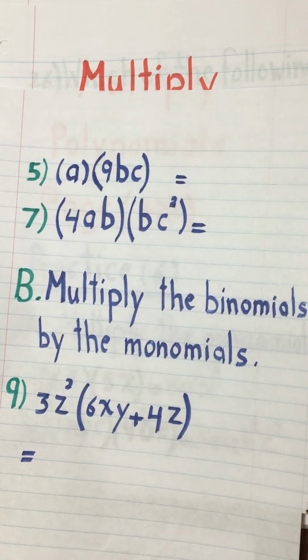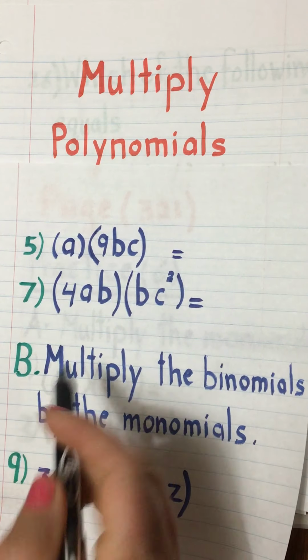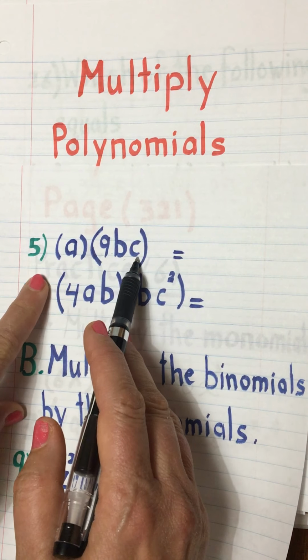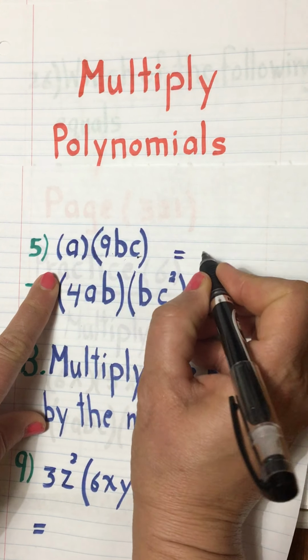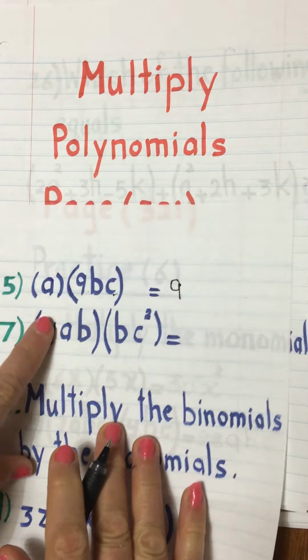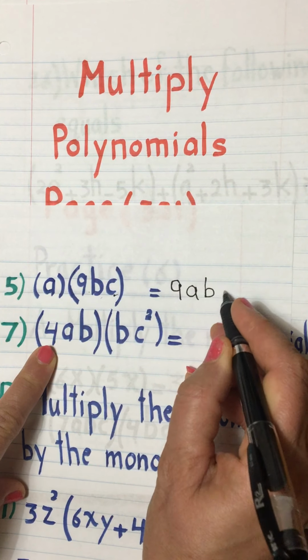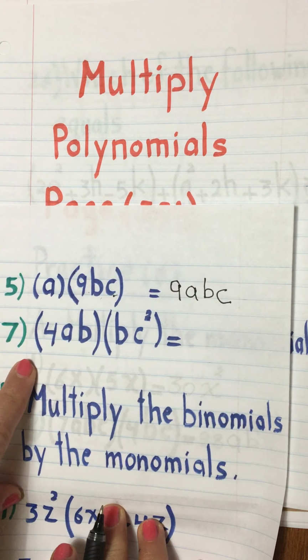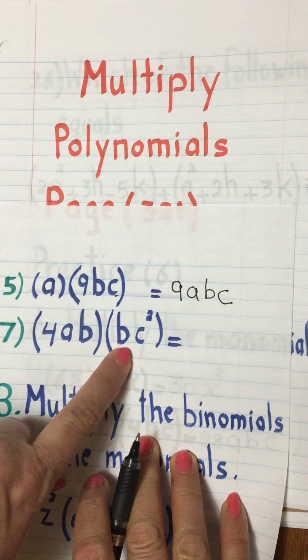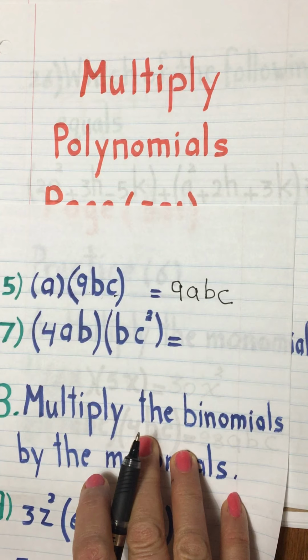Question 5. A times 9bc. So the answer is 9 A, B, C. 4ab times bc, c squared.